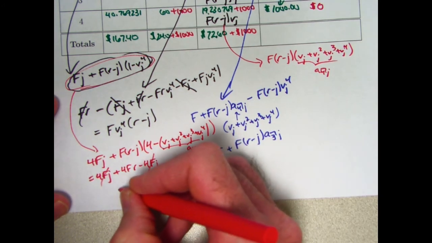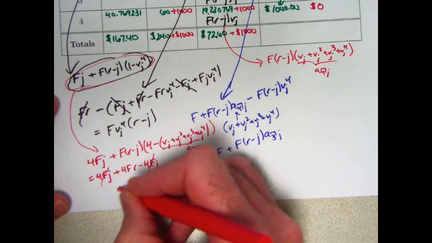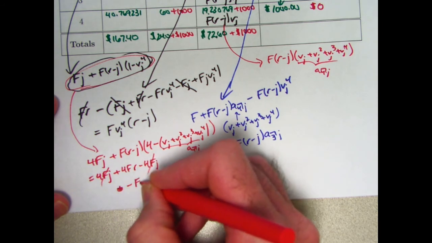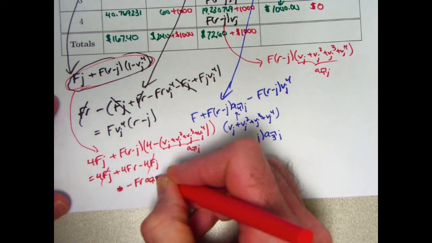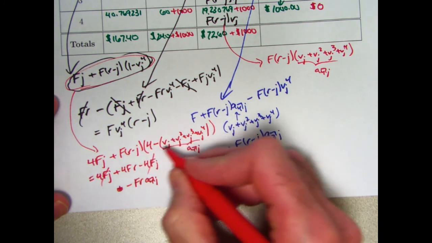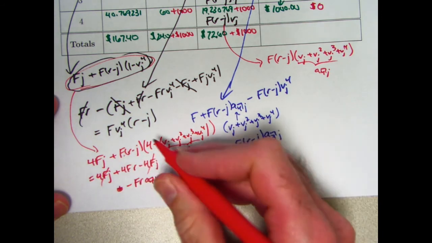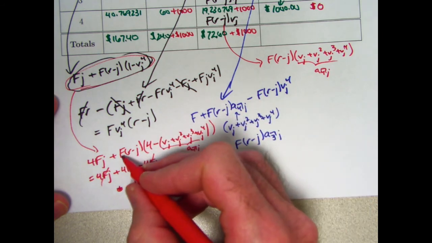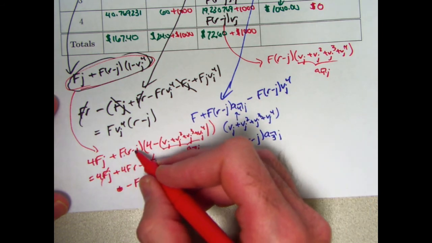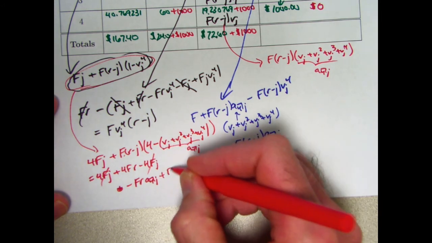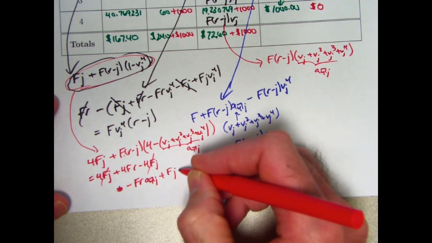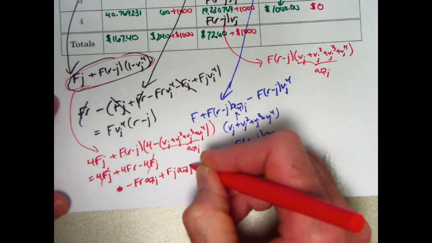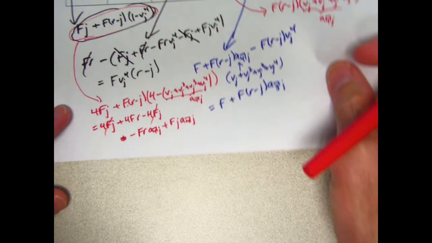I will also have a plus or a minus fra4j coming from this times f. And it looks like the last thing that I have is a minus or a plus, actually, fj times this a4j. Might want to double check my algebra there.